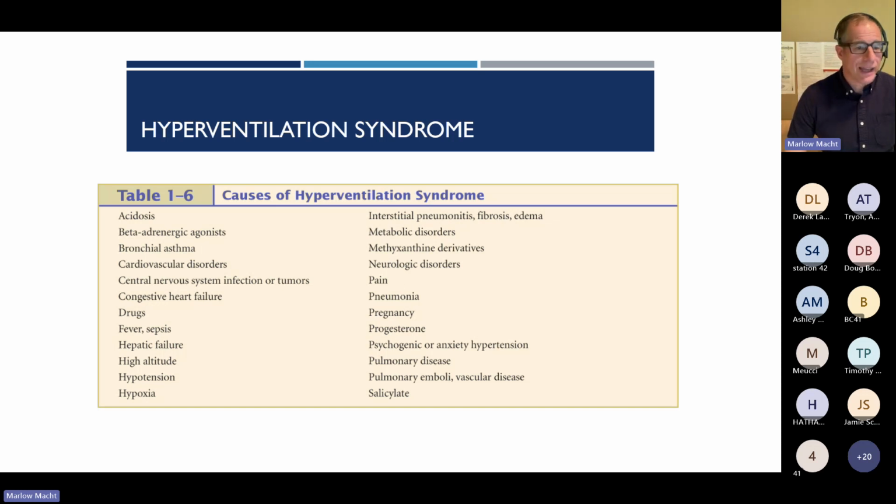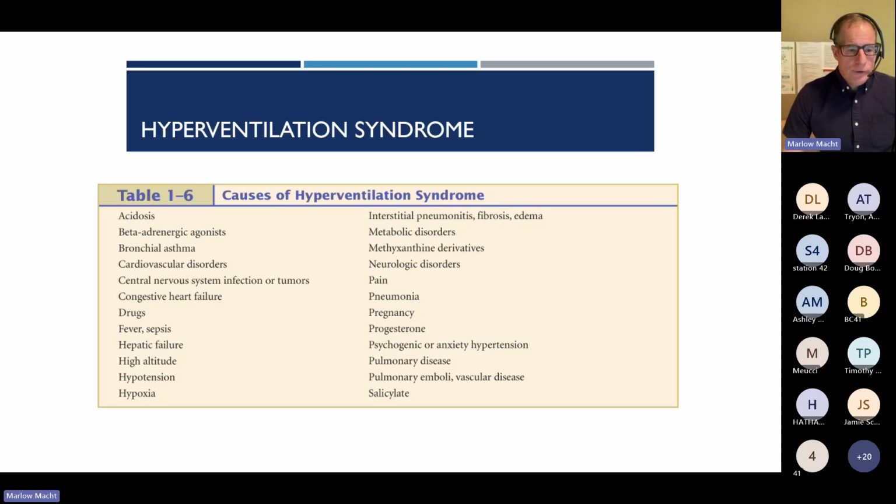Obviously, we can see it with DKA, and with beta adrenergic agonists like albuterol. People who panic because they can't breathe because of some underlying problem like a PE can hyperventilate because they feel short of breath and then they have the sense that they need to continue to breathe rapidly.